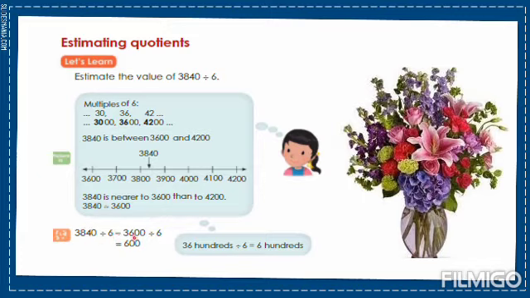So the multiple there closest to the given dividend is 3,600. So that will be our dividend now. Then again, after doing that, we're going to divide now 3,600 divided by 6. The answer is 600. So 3,600 divided by 6 equals 600.